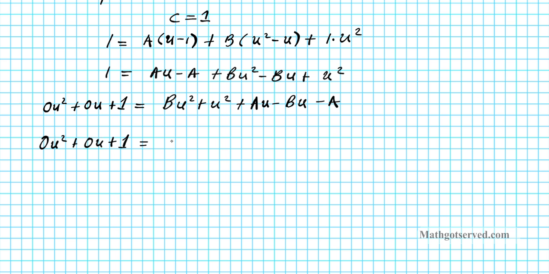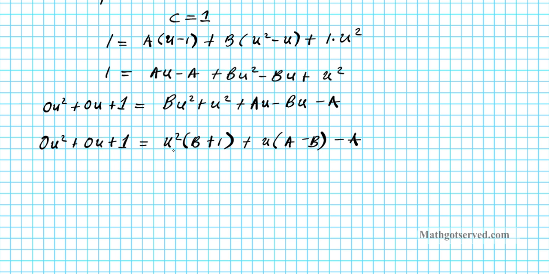equals, we take out a u squared, b plus 1, plus here we can factor out a u times a minus b, minus a. Taking a look at this equation, we can equate the squares.